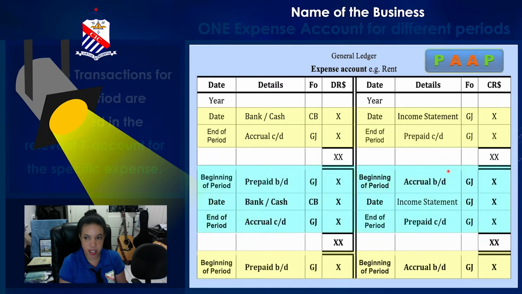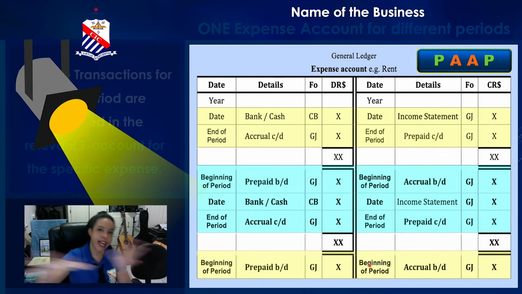The main thing that you're going to be looking at, the PAAP, this is an example of it. Your current period will have your PAAP with your bank and cash and your income statement in the middle, right? So this is the current period. This period was your first period. This period is your current period. And we tend to like to bring down the figures one time into the next period.